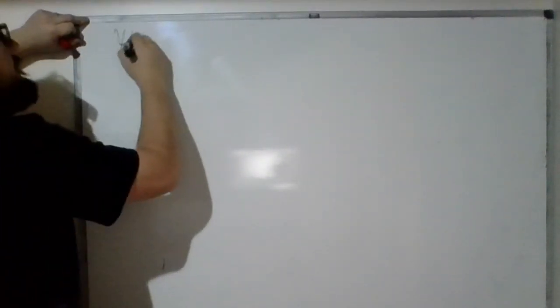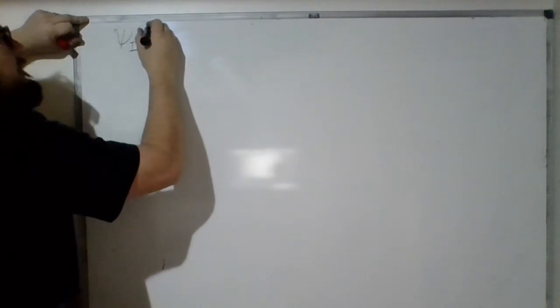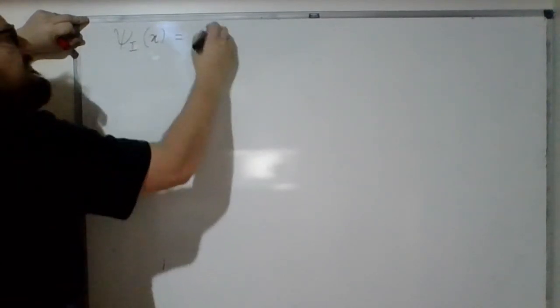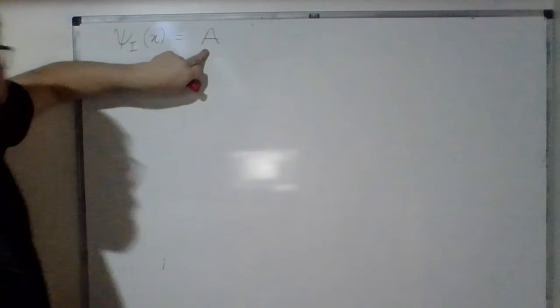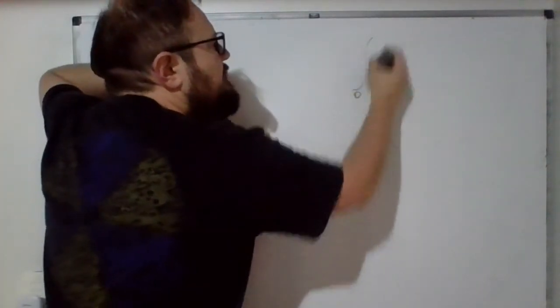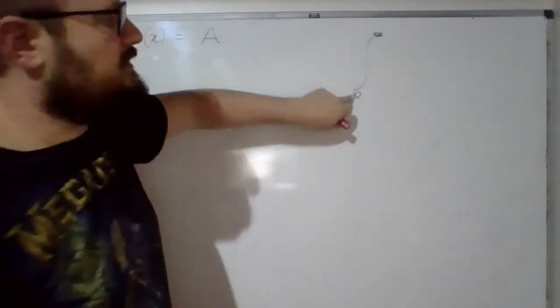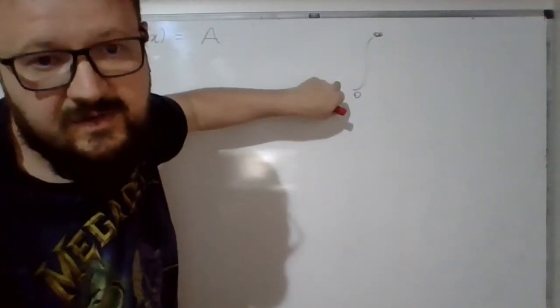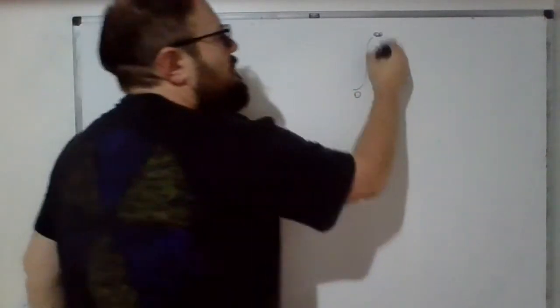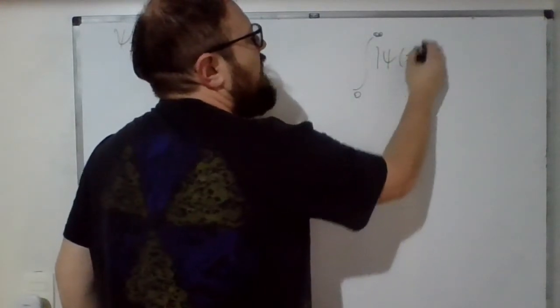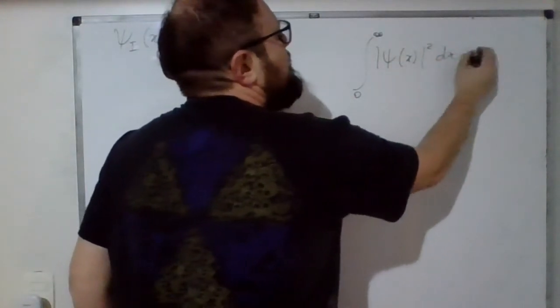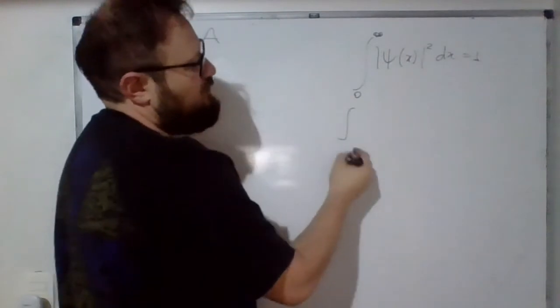let us remember the wave function in region 1 as a function of x corresponds to some value which must be determined by the integration from 0 to infinity, because from minus infinity to 0 the wave function is 0, of modulus squared psi of x dx equal to 1. So there are two main regions.